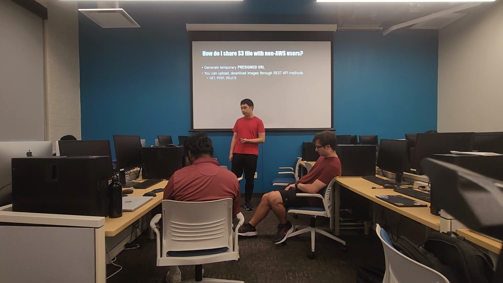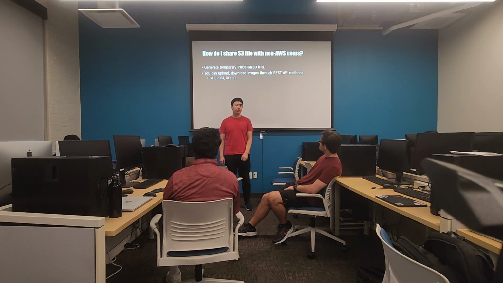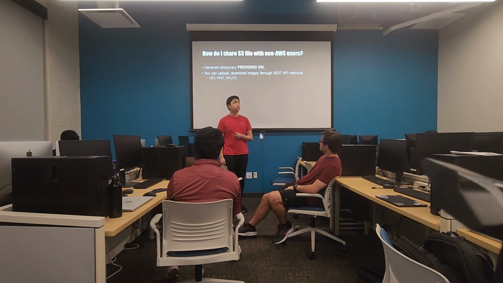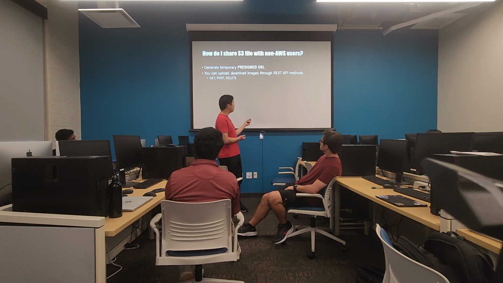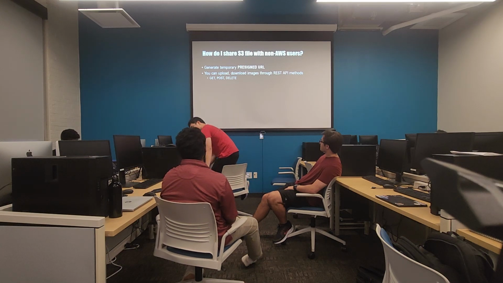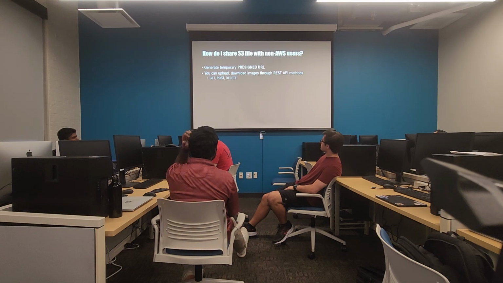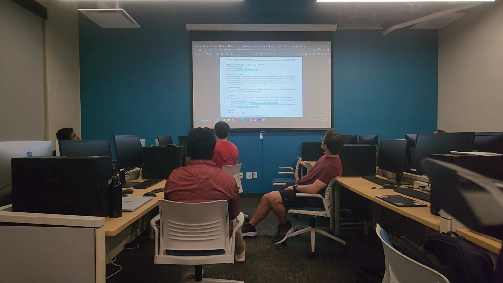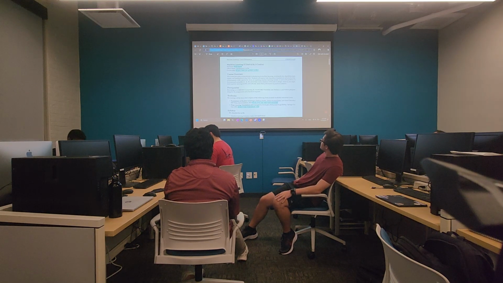Alright, so then there's the question of how do I share an S3 file with non-AWS users, right? We do that by generating something called a pre-signed URL, which is a temporary URL that you can use with the REST API methods. A good example of that would actually be Blackboard. So this is the syllabus for my machine learning class, and as you can see with the URL up here, this is a pre-signed URL.